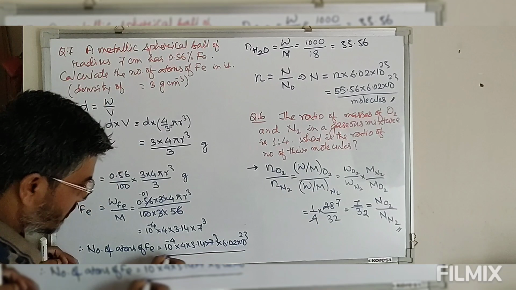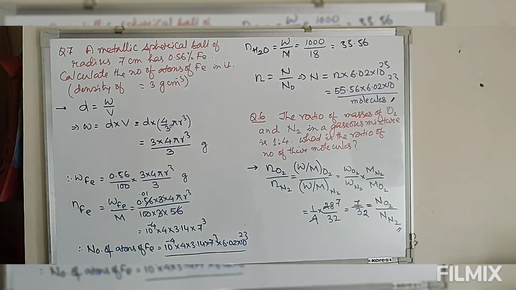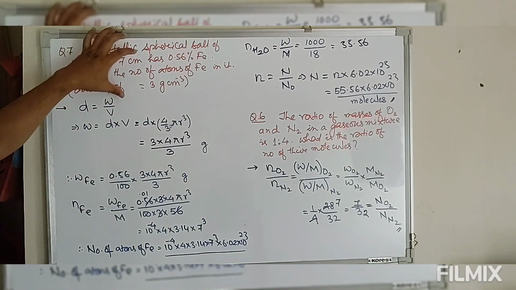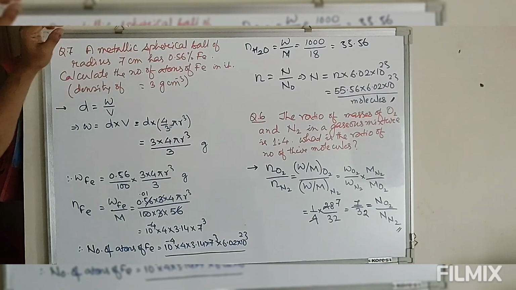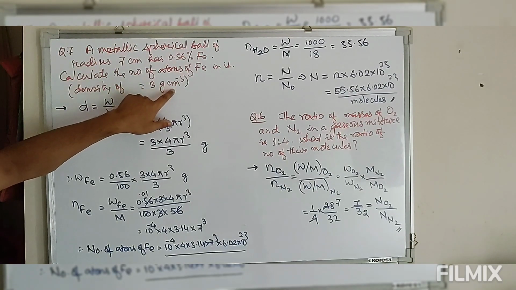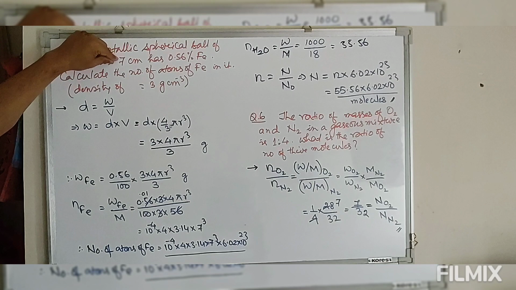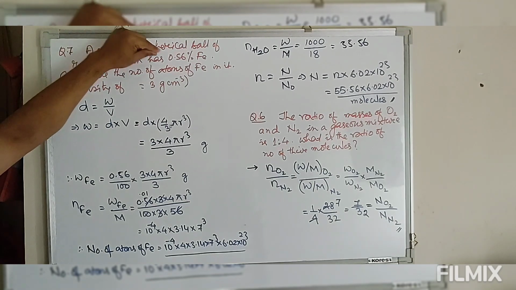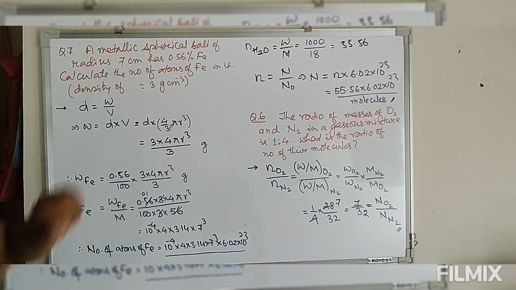So these many atoms of iron are present in this spherical metal whose density is 3 gram per centimeter cube, the radius is 7 centimeter, and the percentage of iron is 0.56%.